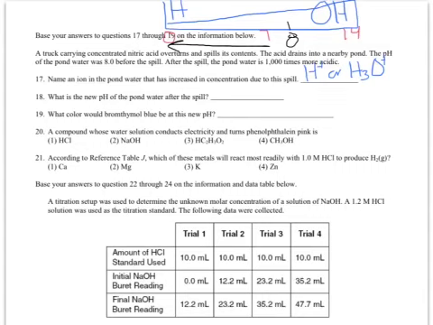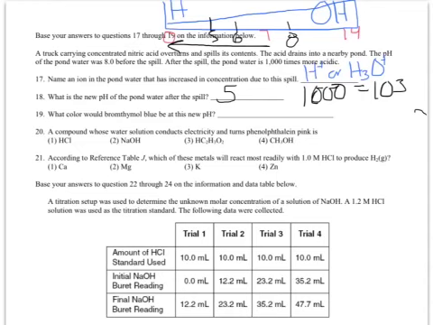So we want 1,000 times more acidic. Well, the value of 1,000 can be written as 10 to the 3rd power, which means that we're going to have to move our pH 3 units. So 8 to 7 is 1, 6, 5. So our new concentration will be a pH of 5.